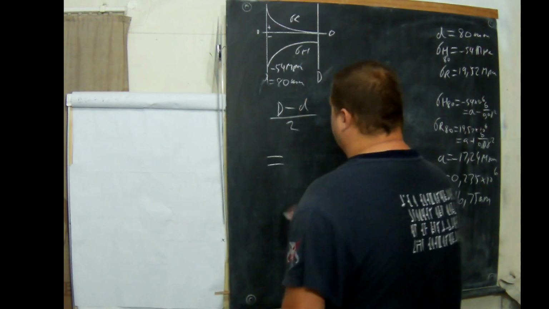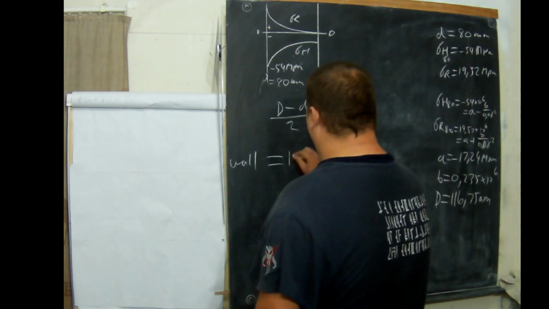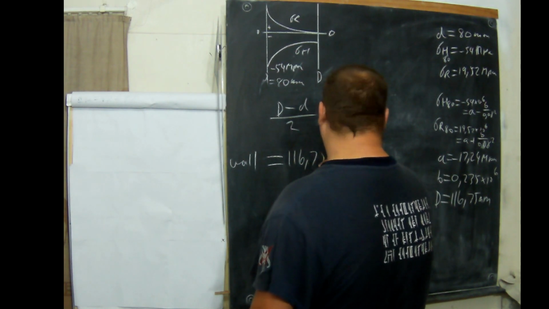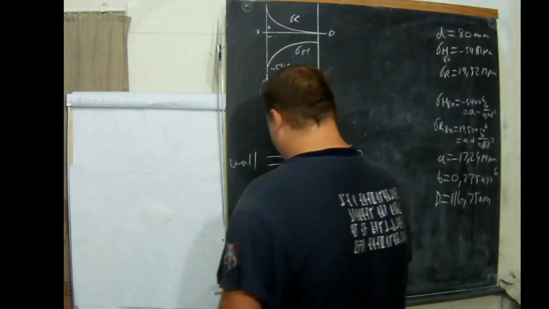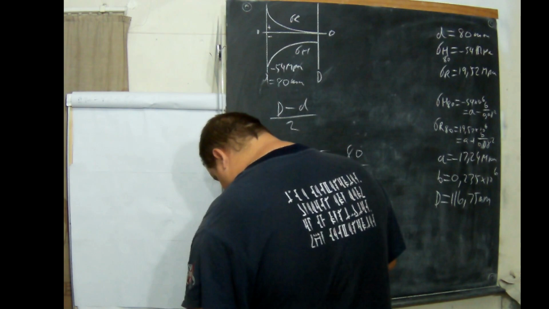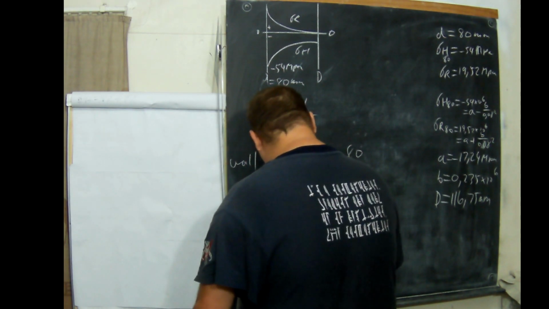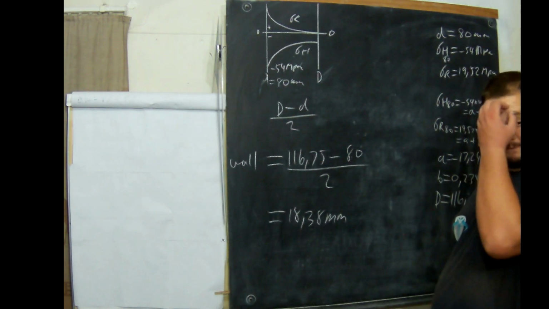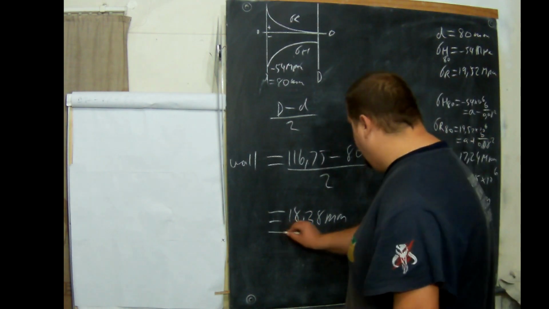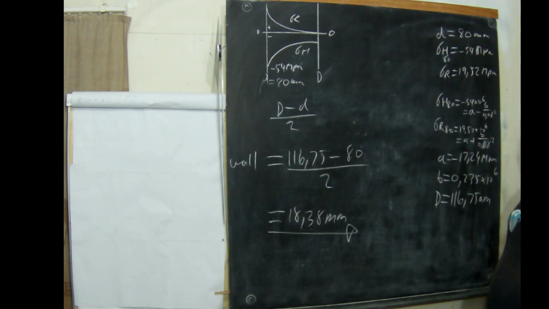This is our wall thickness. Our wall thickness is 116,75 minus 80 divided by 2. Put that in your calculator and you get 18,38 millimeters. And that is our wall thickness for all intents and purposes.